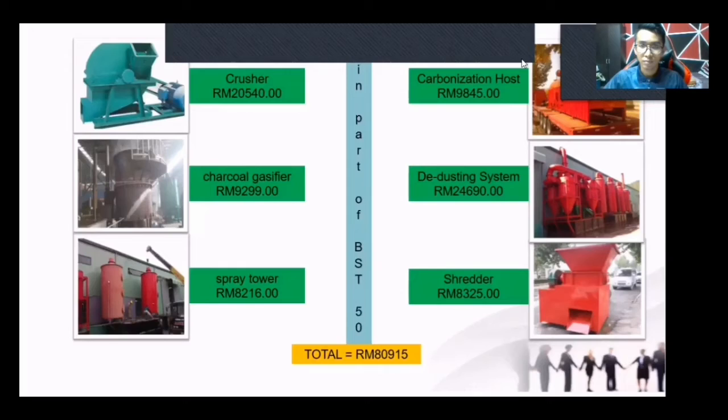Okay, so this is the part of the BST 50. First is the crusher.